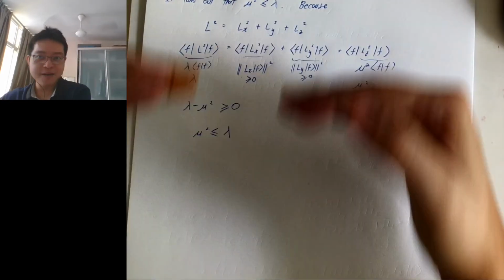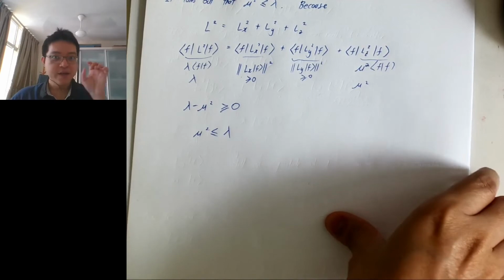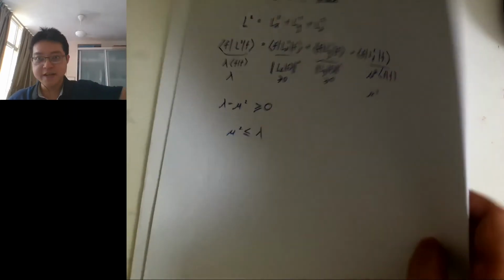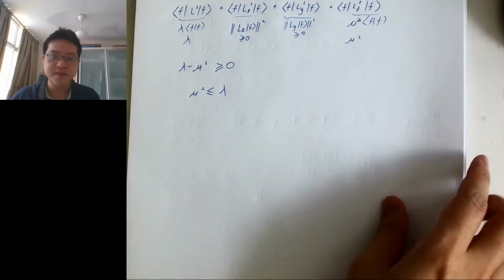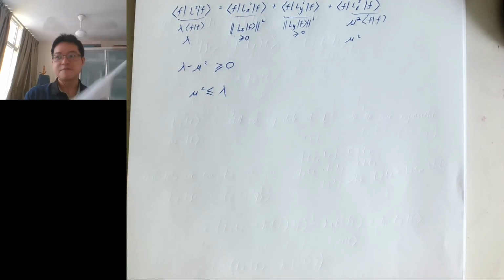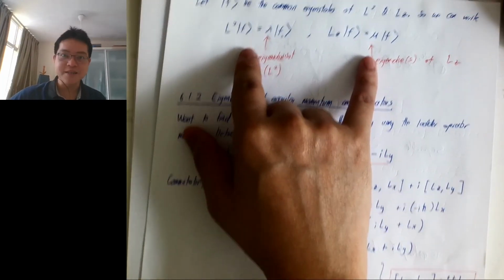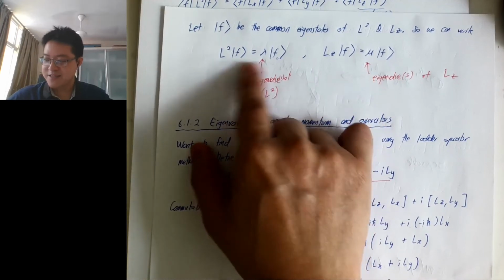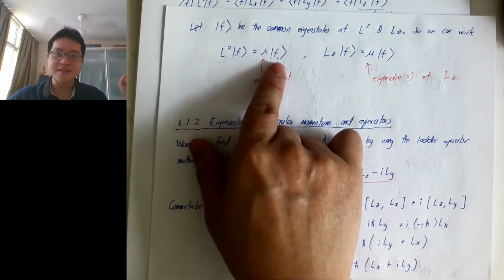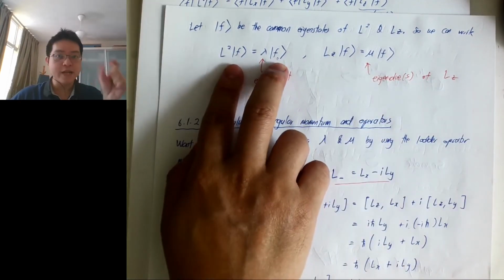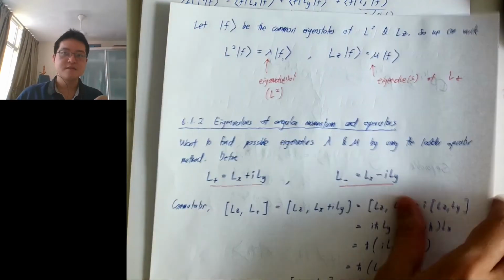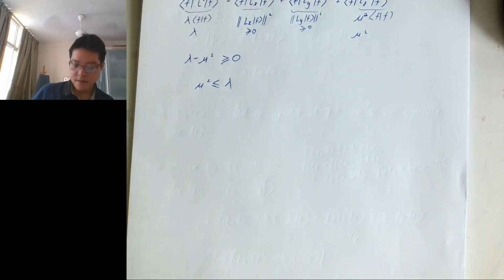This is our detective investigation to catch our f. The ket f is the murderer, the criminal. This is the crime: this thing happens, so this equation is satisfied, but we don't know what f does this.